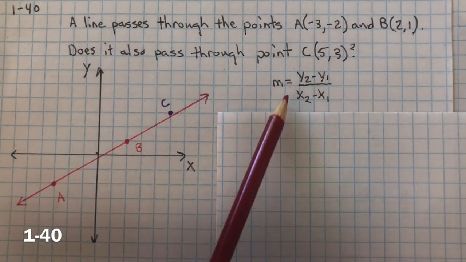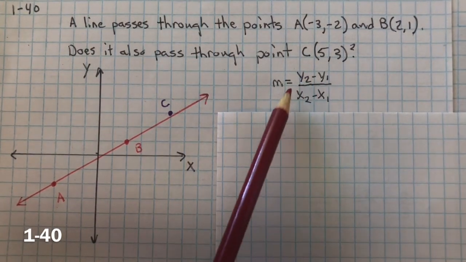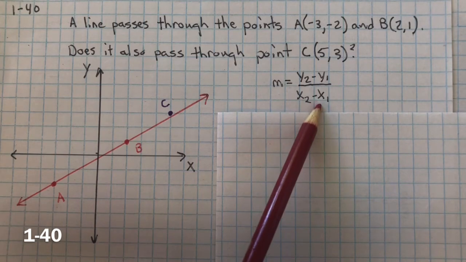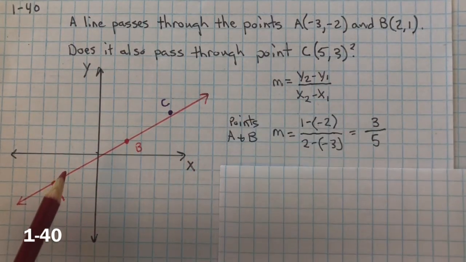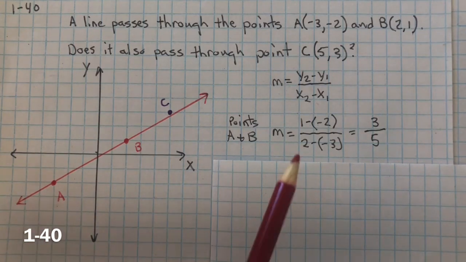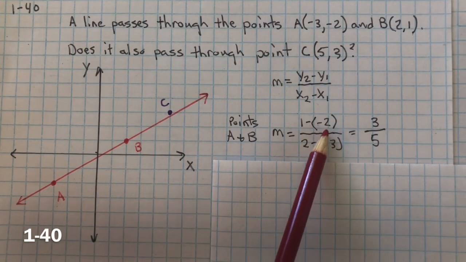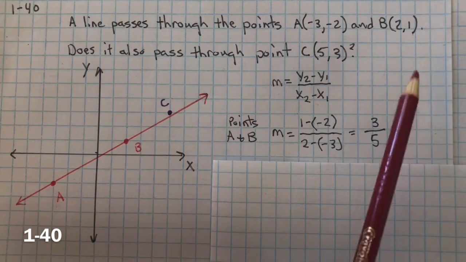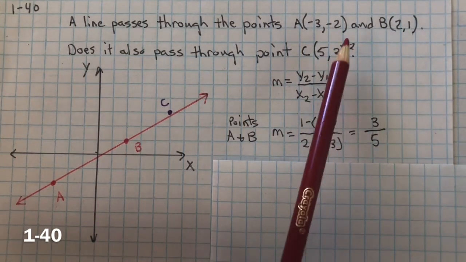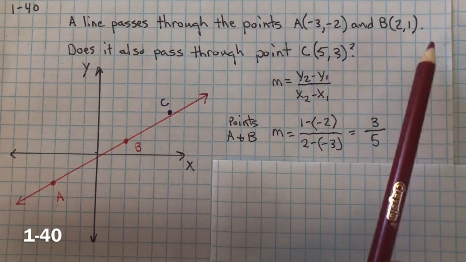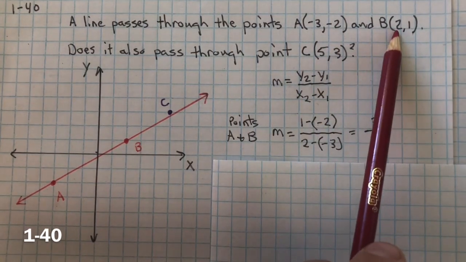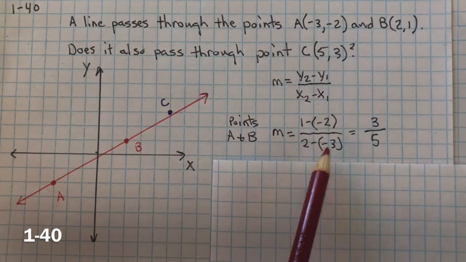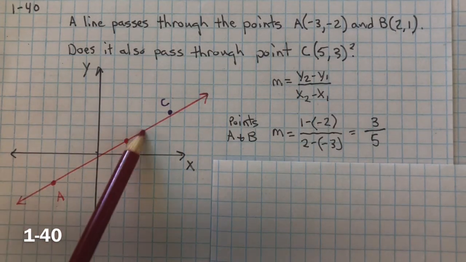We could also do it by using the slope formula, the difference of the y's over the difference of the x's, rise over run. And we can take points A and B, the difference of the y's, 1 minus a negative 2, over 2 minus a negative 3, and we get the 3/5 like we did here.